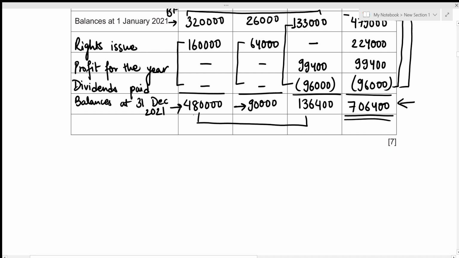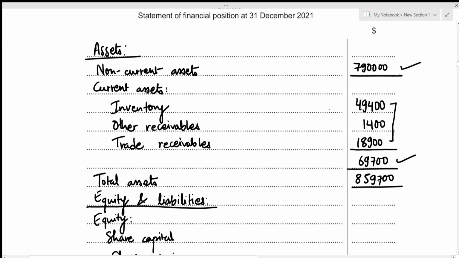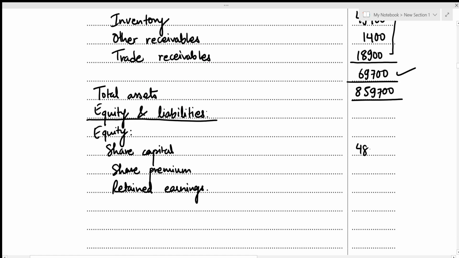So the amount for share capital is 480,000, the amount for share premium is 90,000, and the amount for retained earnings is 136,400. Let's record these values in our statement of financial position. So that's 480,000 for share capital, 90,000 for share premium, and 136,400 for retained earnings.